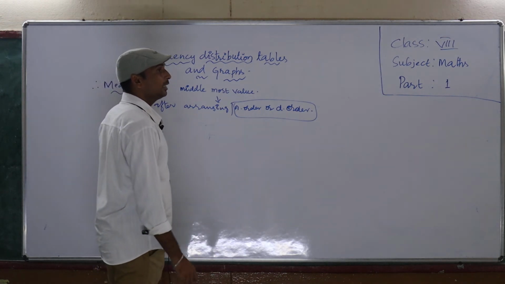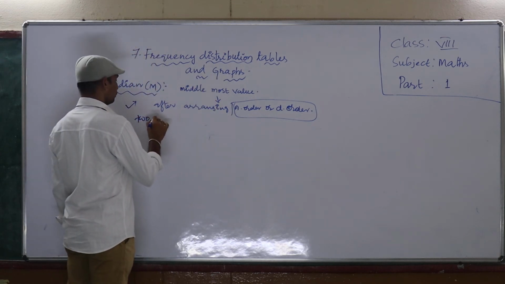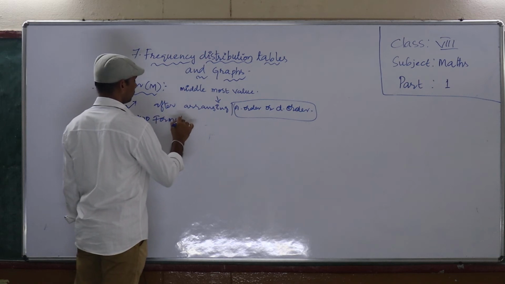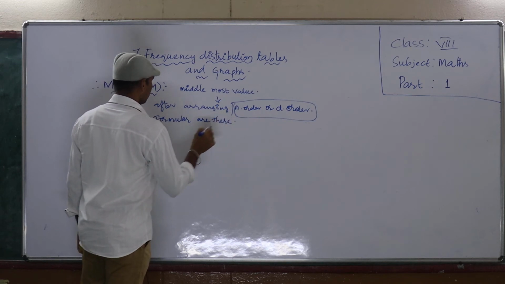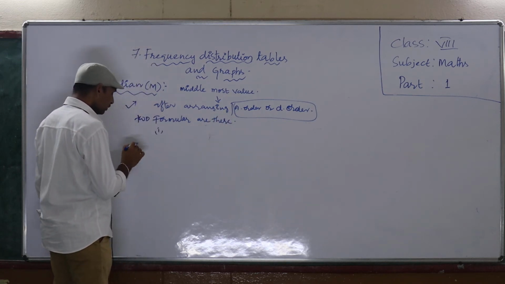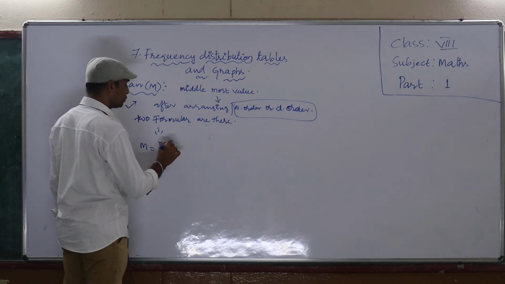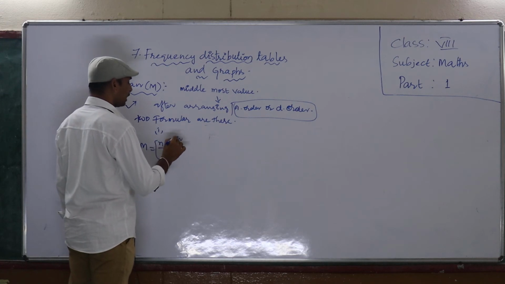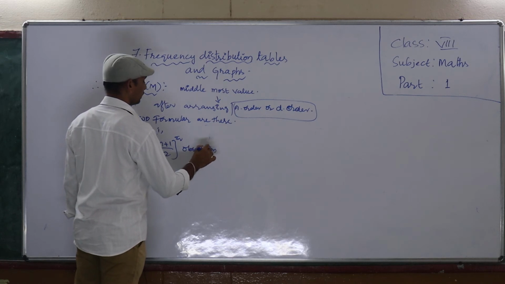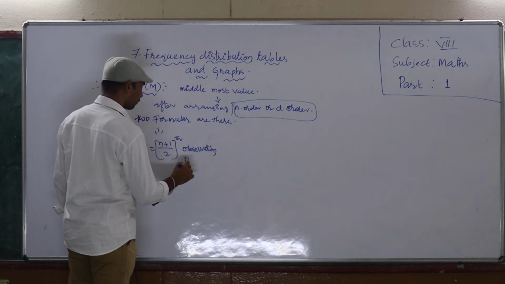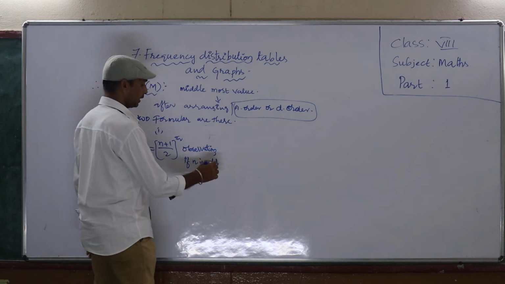Here two formulas are there. The first one: median M is equal to the (n plus 1) by 2 th observation, if n is an odd number.